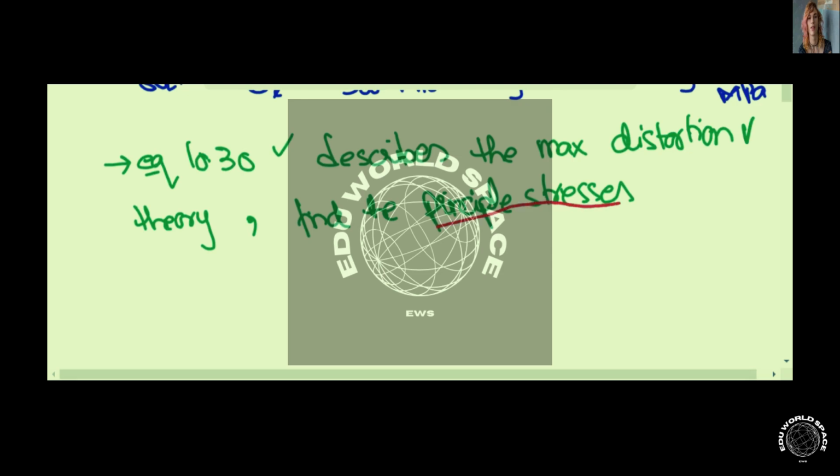For these principal stresses, we are required to use the equation 9.5, right?